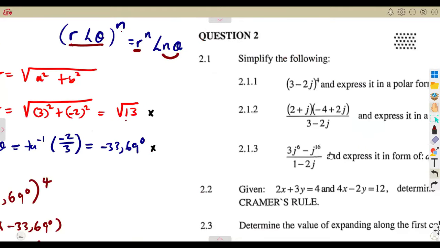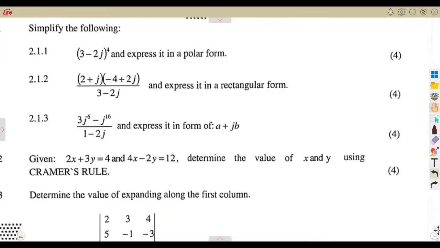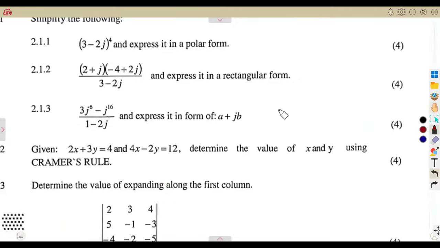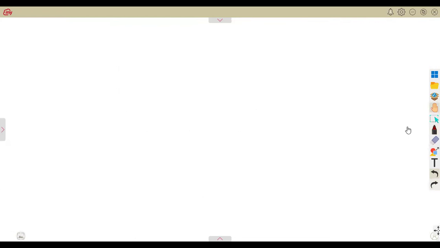So let us check another part, which is 2.12. On 2.12, you're given an expression in rectangular form. Whatever you're going to have here, our answer is supposed to be in rectangular form. So in rectangular form, remember you're maintaining your normal format of A plus or minus JB.